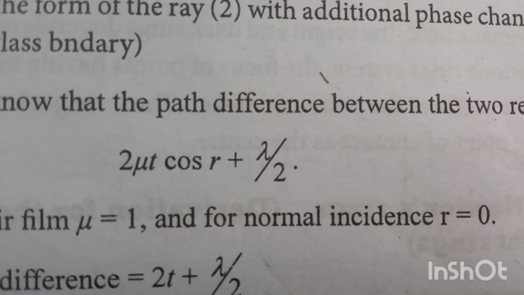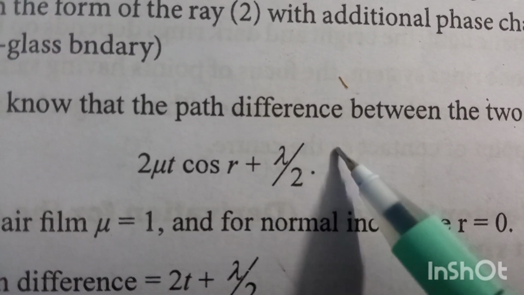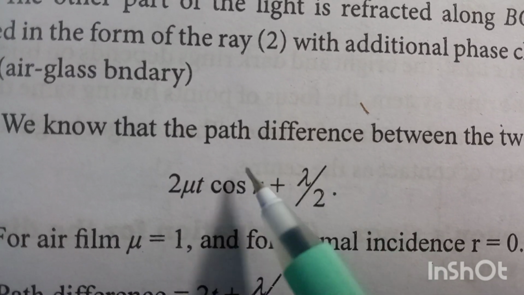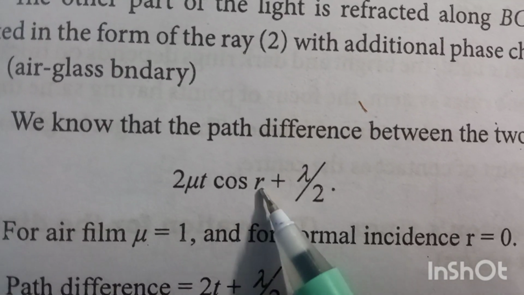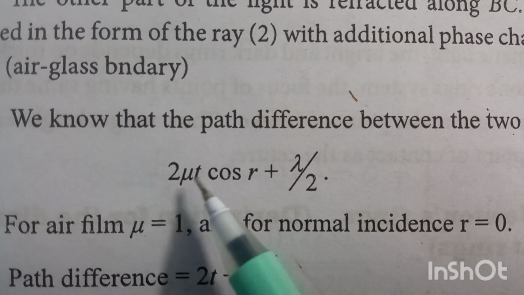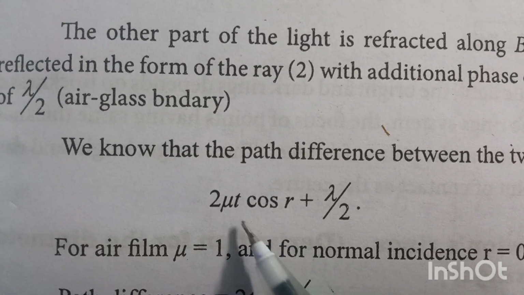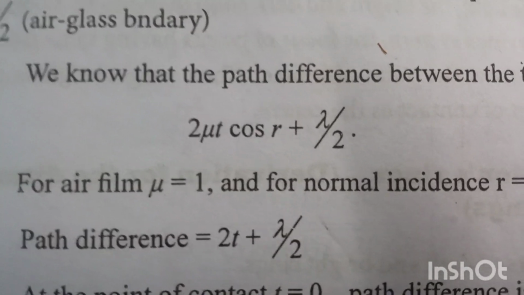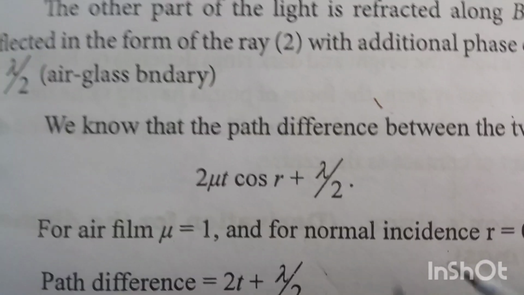So mu becomes 1, r becomes 0 degrees, and cos 0 becomes 1. So we get only 2t plus lambda by 2. The path difference between the light rays is 2t plus lambda by 2.